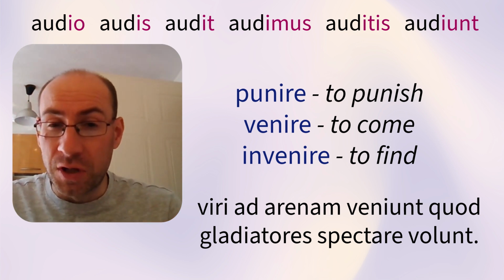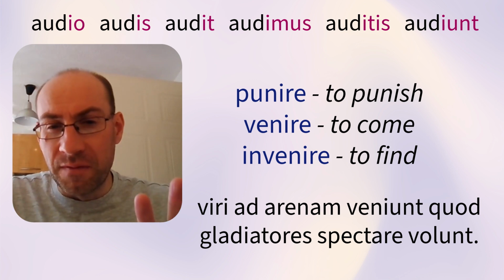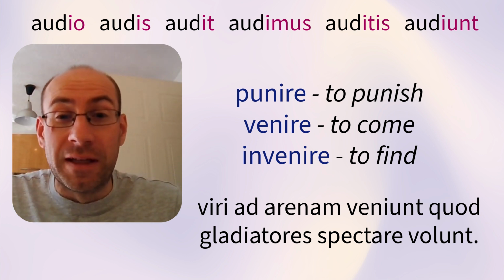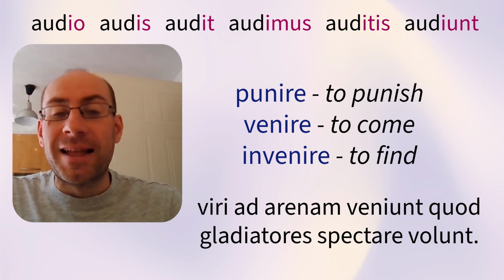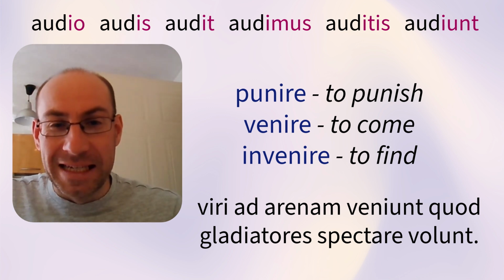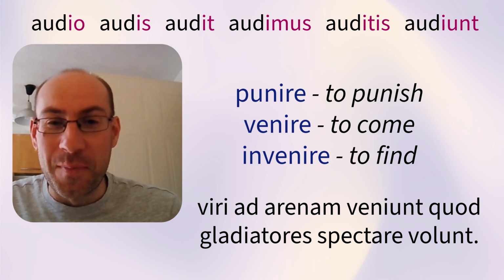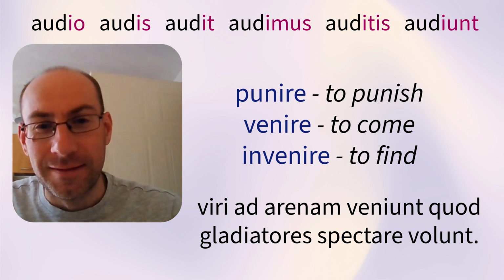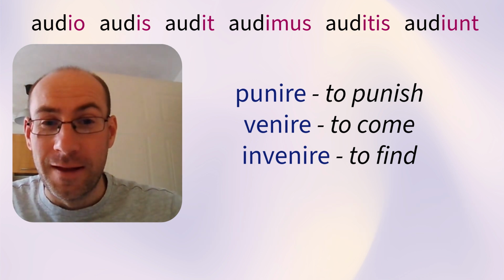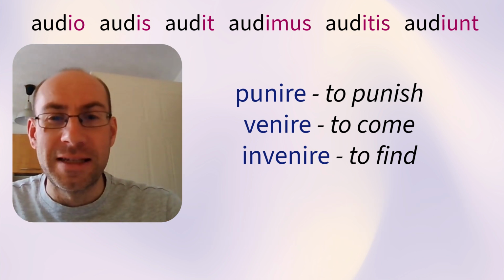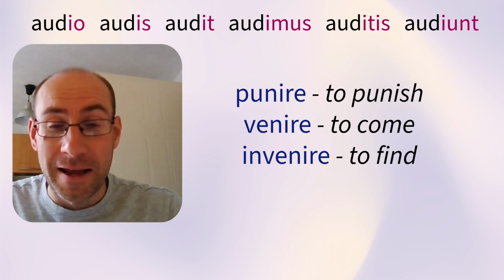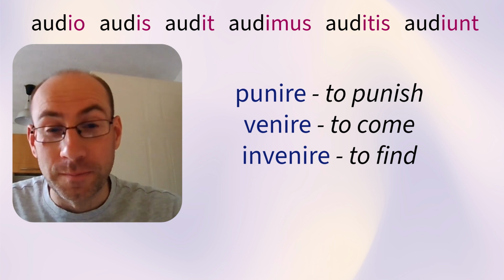If that's a bit much, because I did a lesson on the wanting plus infinitive, volo, vis, vult, a simpler one would be maybe because they love the gladiators. All right, quod gladiatores amant, always nt for they. All right, in the present tense. Viri ad arenam veniunt quod gladiatores amant, quod gladiatores spectare volunt.